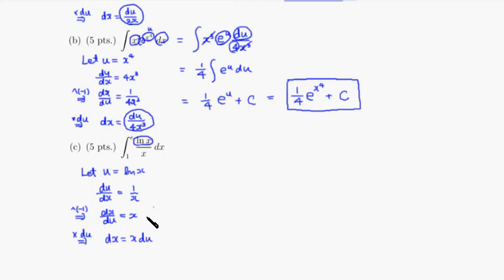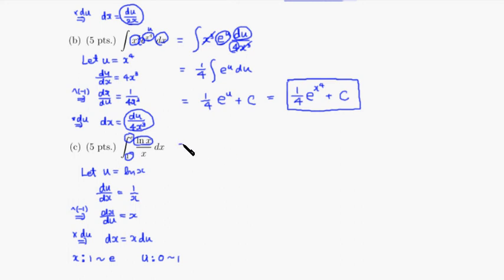We know that x goes from 1 to e, which means that u is going to go from, we just need to plug 1 into the substitution equation. Natural log of 1 is 0, so u starts from 0, and natural log of e is 1.